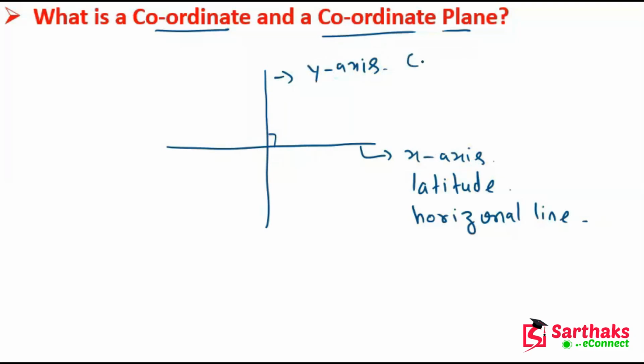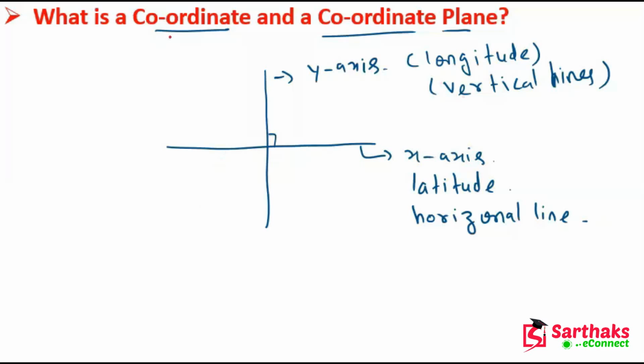This is also called longitude, and it is also called the vertical line. So this is our coordinate plane.